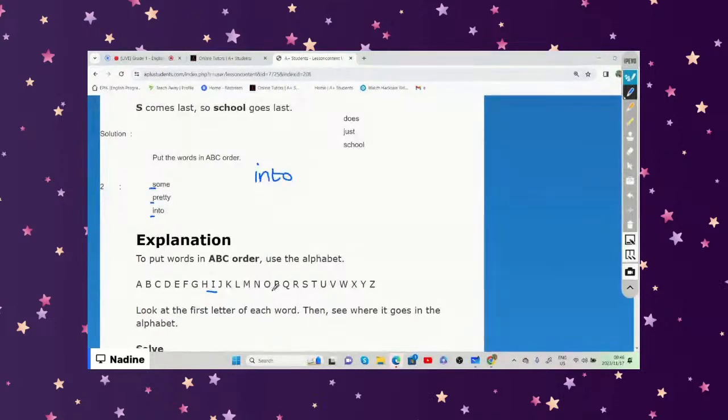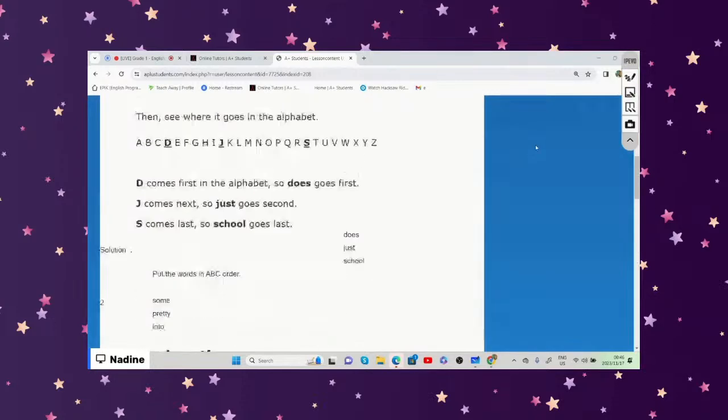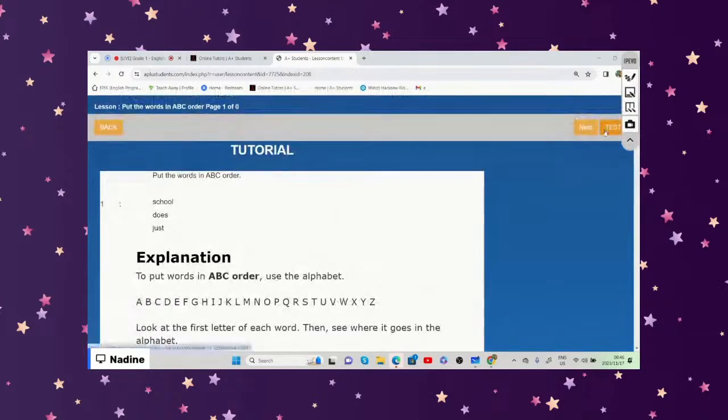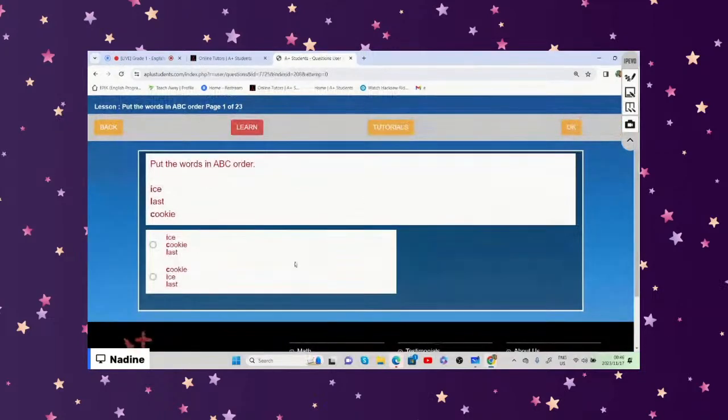When we continue, we have P for pretty, pretty eyes, pretty girl. And then we have S for some, right? And that is basically us putting the words in the ABC order by looking at the first letter of those words.